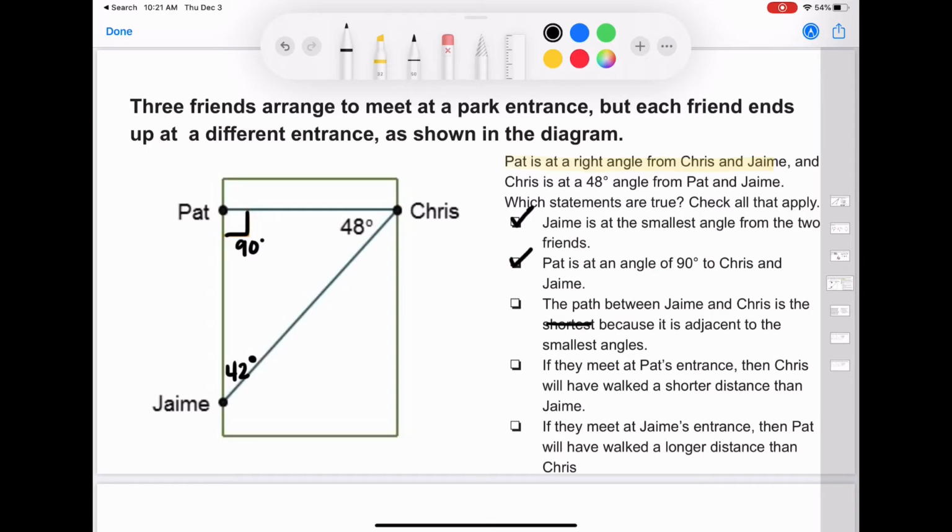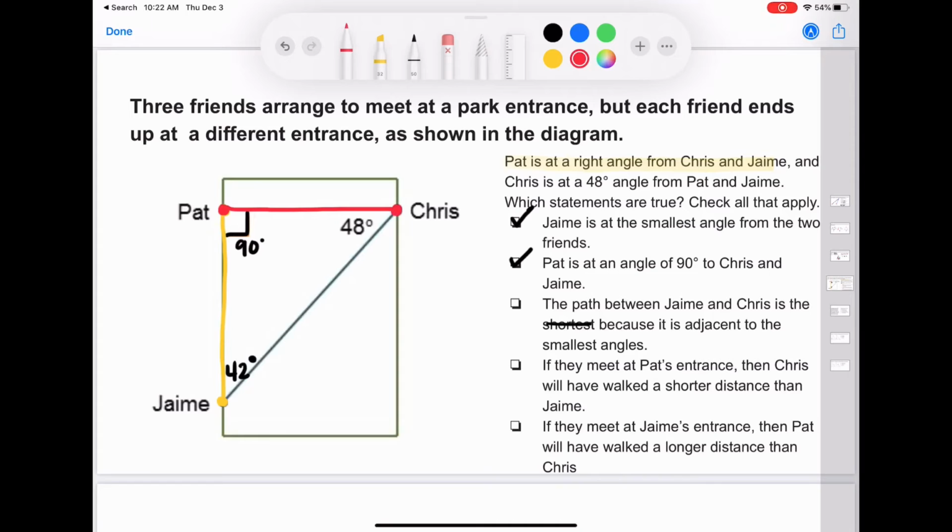If they meet at Pat's entrance, then Chris will have to walk a shorter distance than Jamie. So if they're meeting at Pat's entrance, Jamie would have to walk from here to here. And Chris would have to walk from here to here.